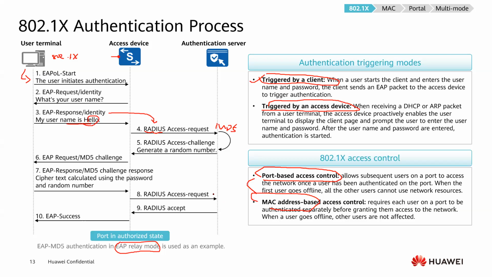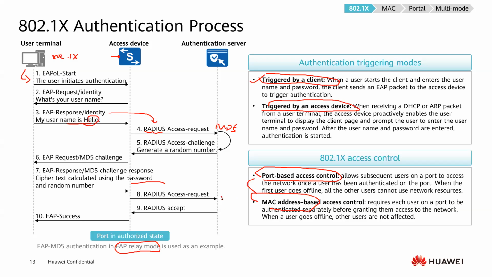So when the authentication server receives the cipher password, it will calculate it as well with the MD5 algorithm, using the challenge ID and the password it searched in its local database, and then it will match these two results.